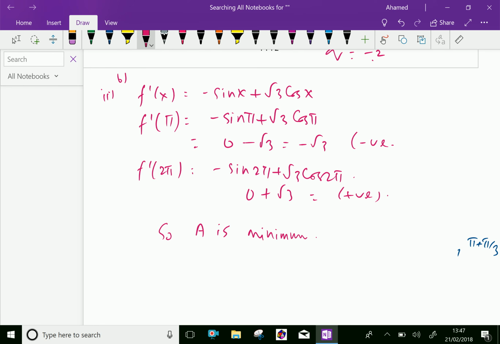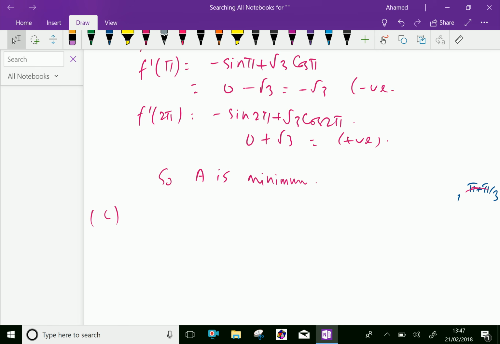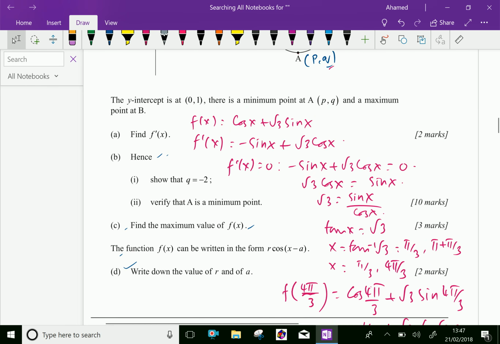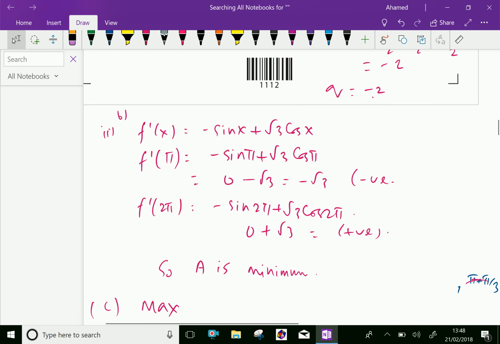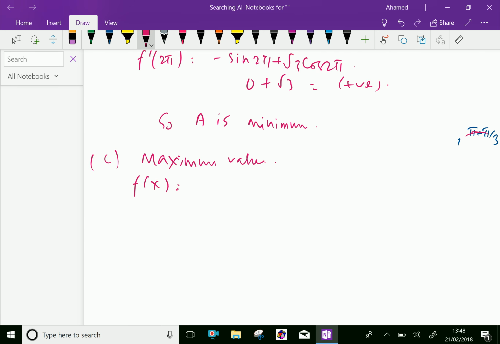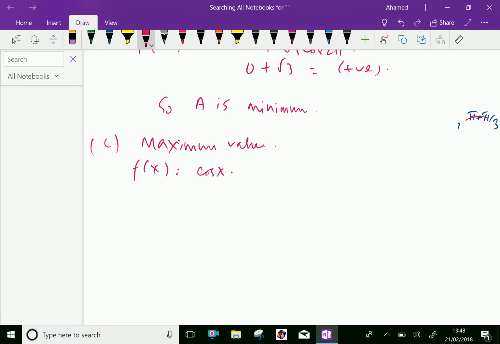Next, question number C. We have to find the maximum value of f(x), where f(x) equals cos x plus root 3 sin x.